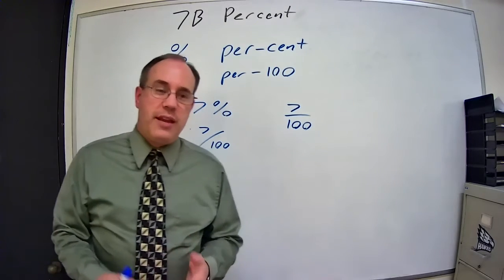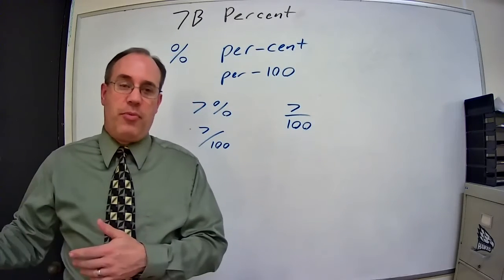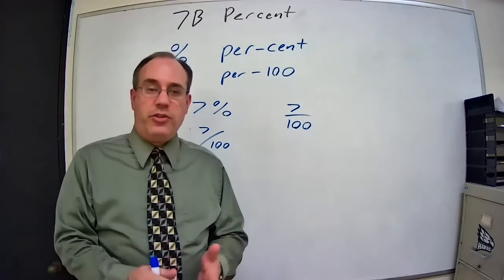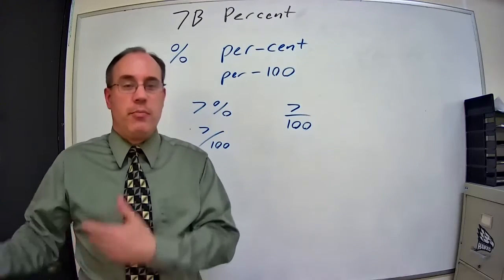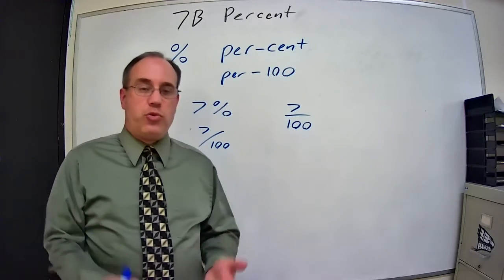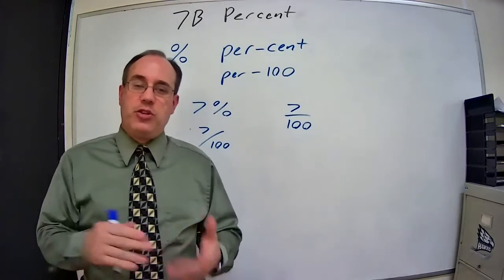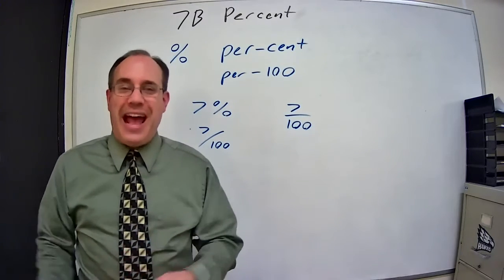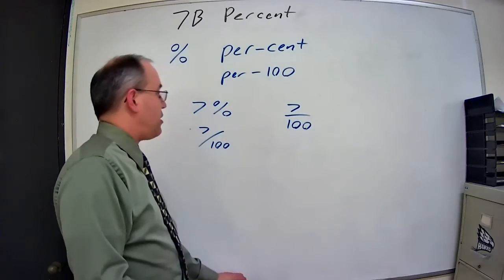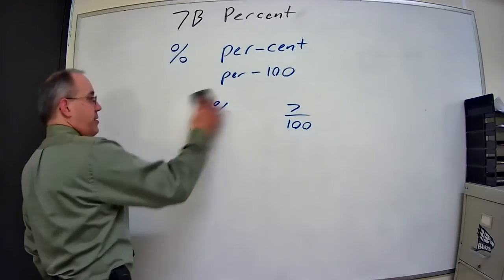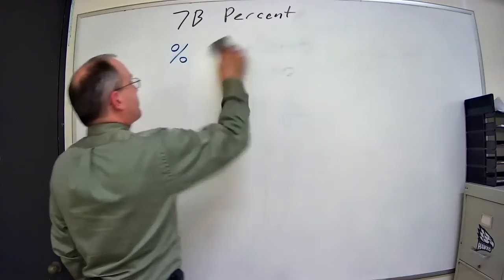If 22% of the population believes something, then that means 22 people out of 100 believe that. If 12% have a certain item, then 12 out of 100 have that particular item. So this is percent or percents.